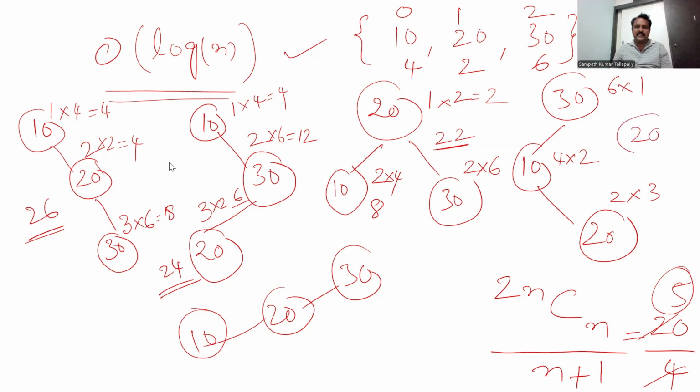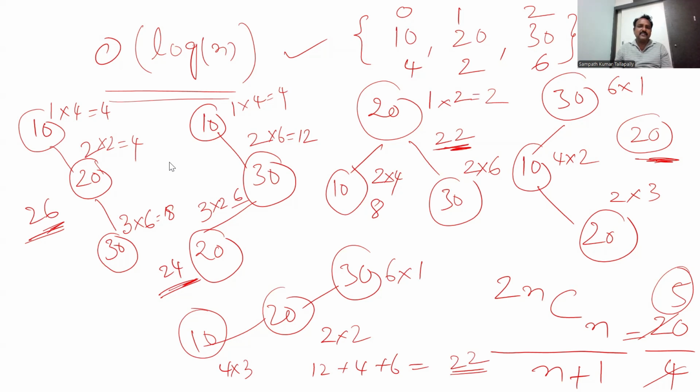So we are going to get 20 operations here. Now if you can see here, in this tree it is 26, in this tree it is 24, in this tree it is 22, in this tree it is 20. Now for this tree also, I'll say 6 into 1, 2 into 2, and 4 into 3. So this is 6 plus 4 plus 12, which is equal to 22.